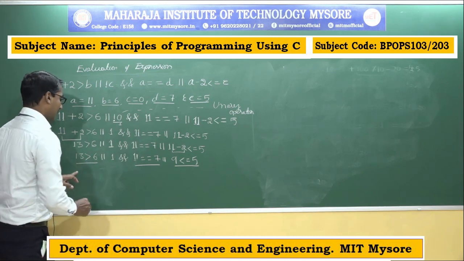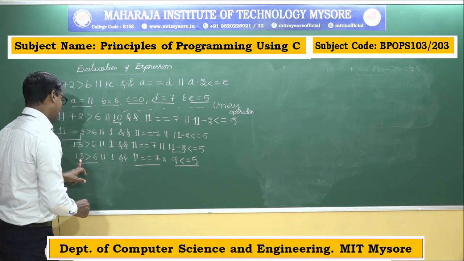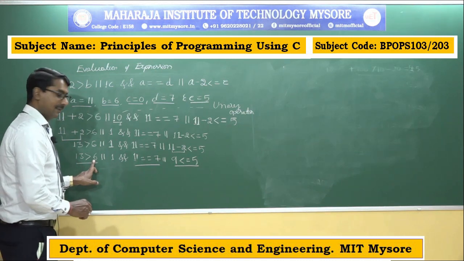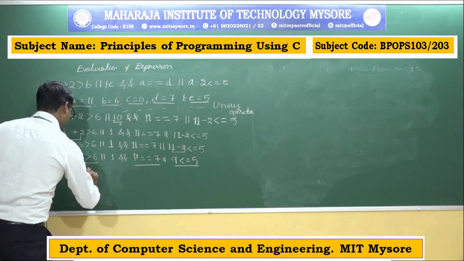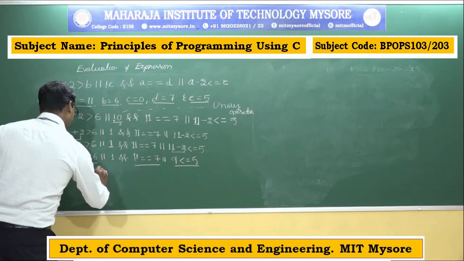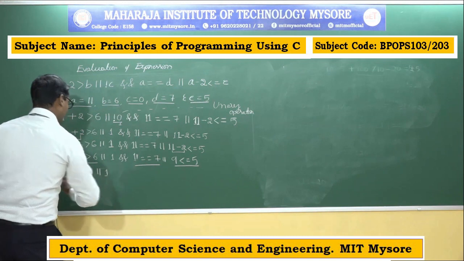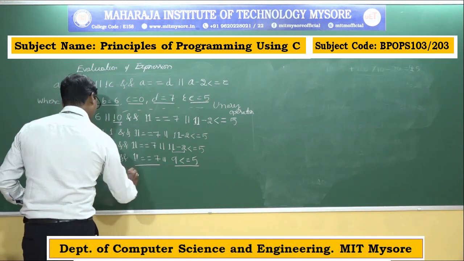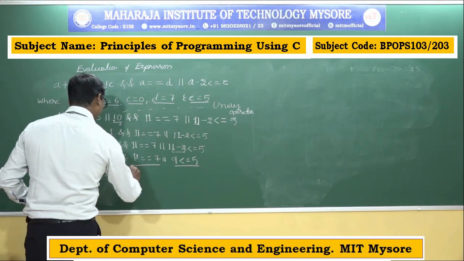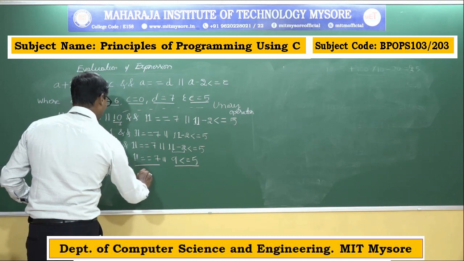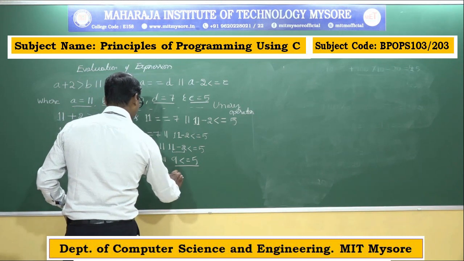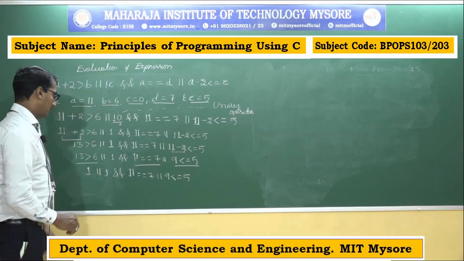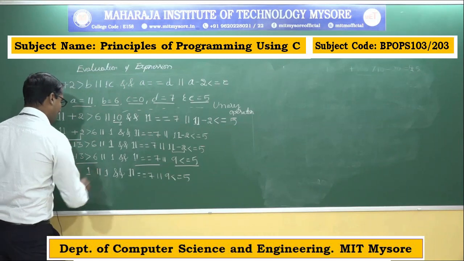So, first it will evaluate 13 greater than 6. 13 greater than 6, yes, this condition is true. So, it will be assigned 1 or 1 and 11 equal 7 or 9 less than or equal to 5. So, this is 1 or.